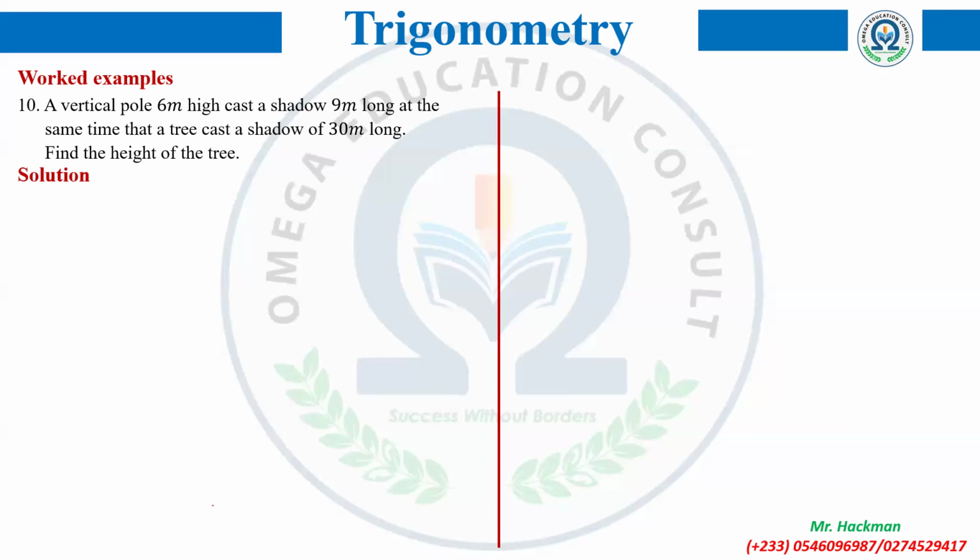Okay, so let's see. If you are comparing, all other things must be equal. So where you are standing and measuring your shadow, that's where the other person must also stand. I hope you get my point.